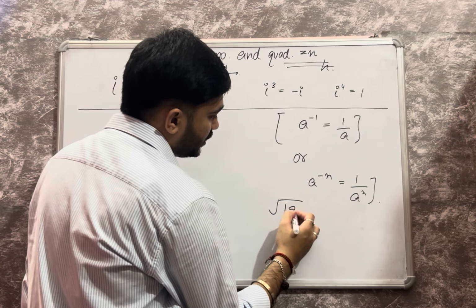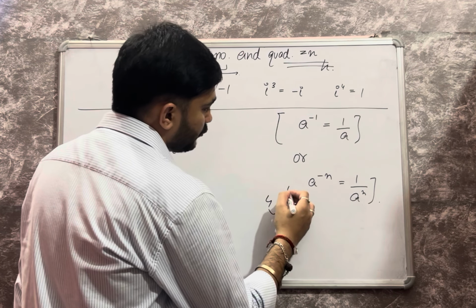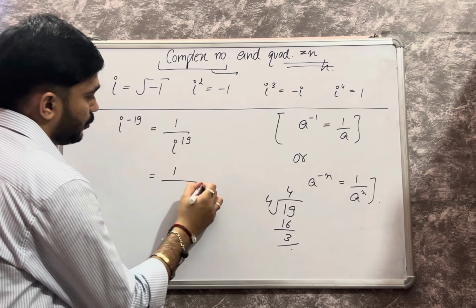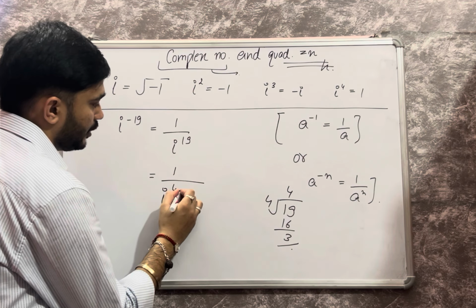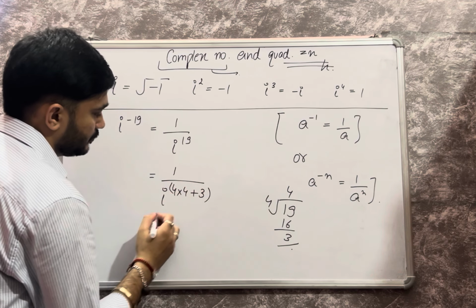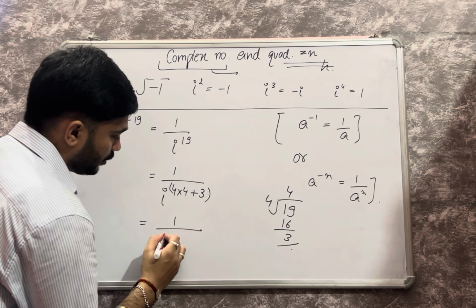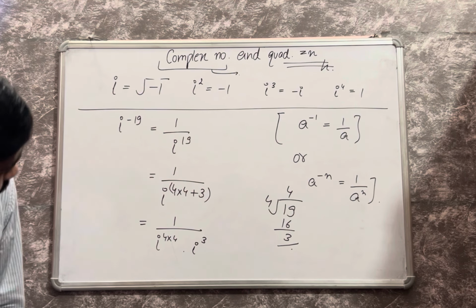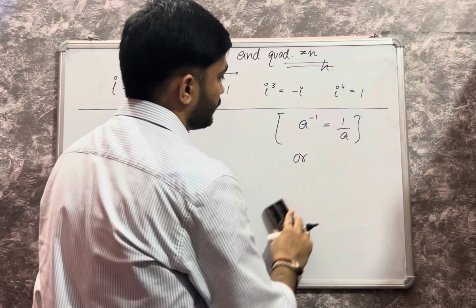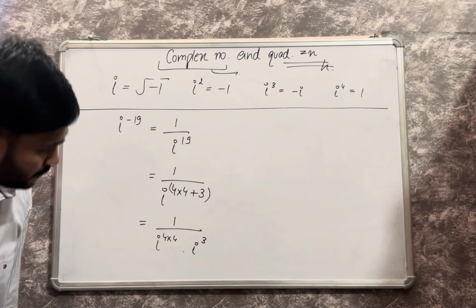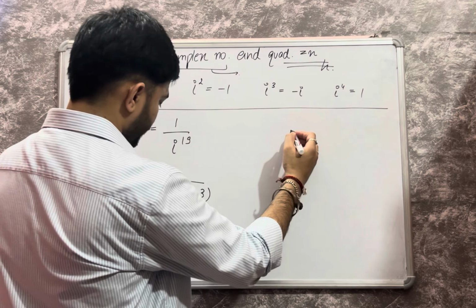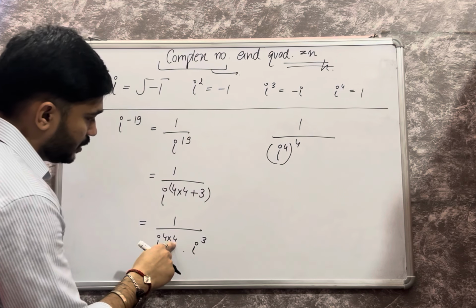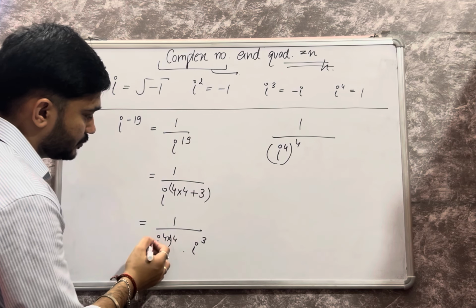Divide 19 with respect to 4. 4 sixteens are 16, and you will get the remainder 3. 1 upon iota raised to power 4 into 4 plus 3, which is 1 upon iota raised to power 4 into 4 multiplied by iota raised to power 3. Leave this 4 outside the bracket always.